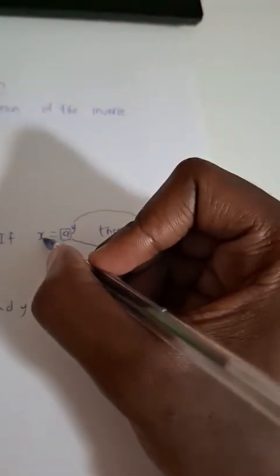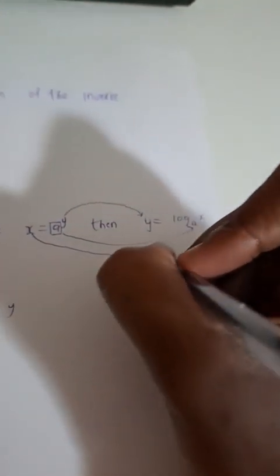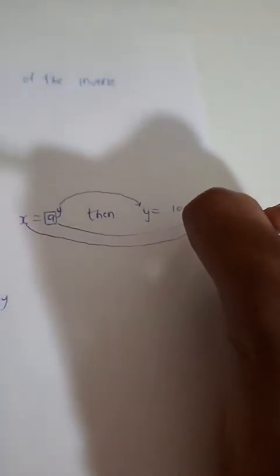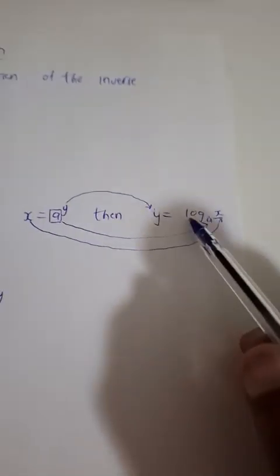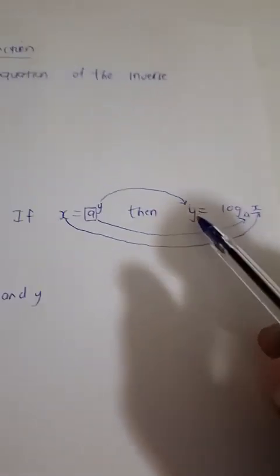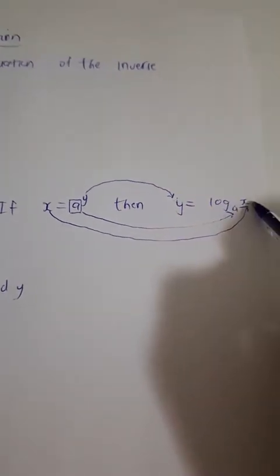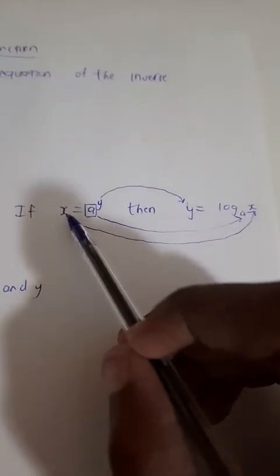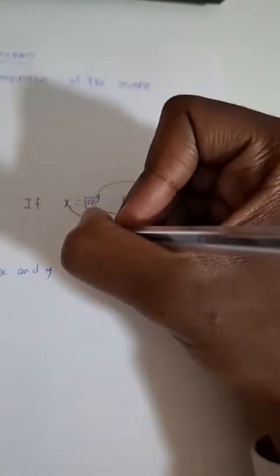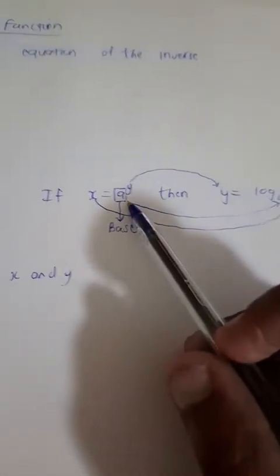Then x, which was the subject, features next to log. So the way we read this is y is equal to log x, base a. This was referred to as a base even when it was in exponential form.